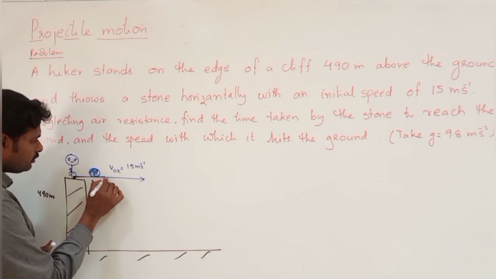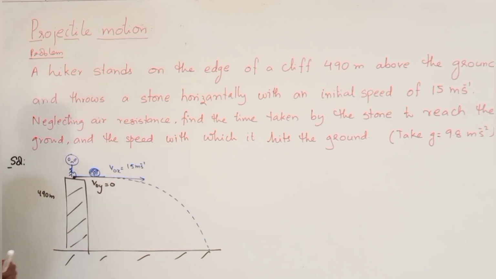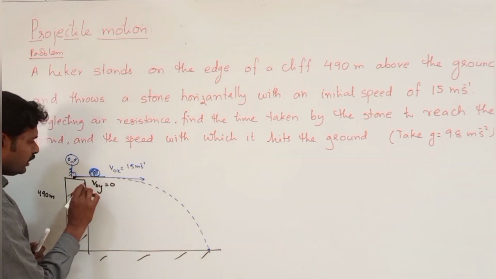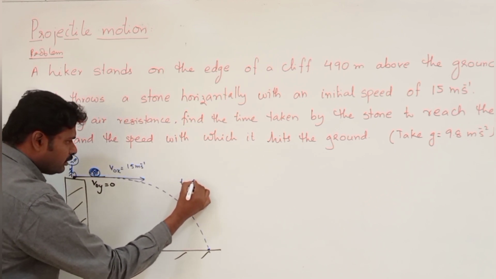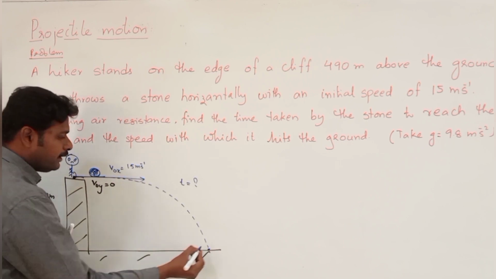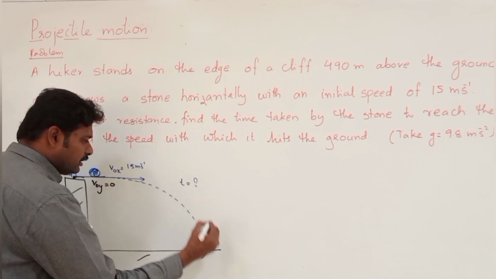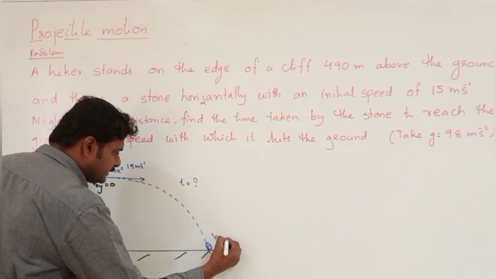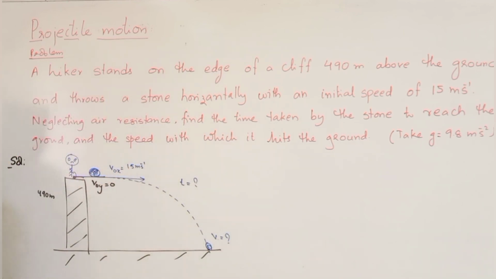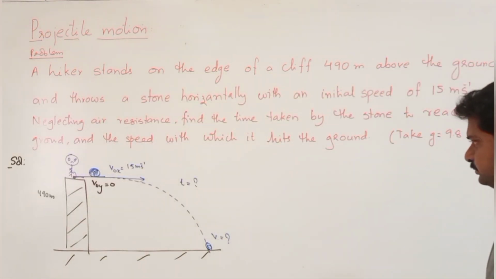The ball reaches the ground. The question is, what is the time taken to reach the ground, first, and what is the velocity at the moment it hits the ground? How to write this? First, how to calculate the time.